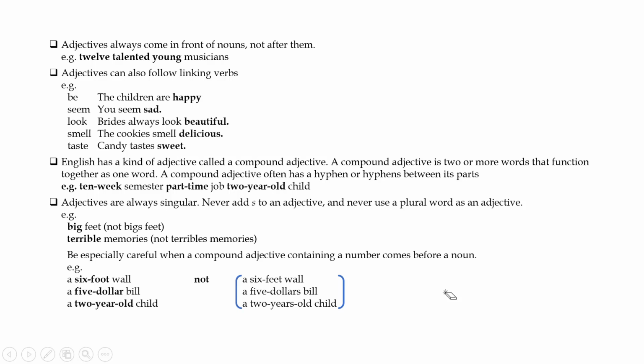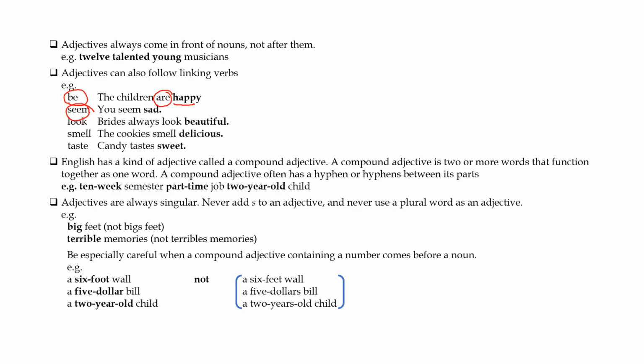There are many things to consider when you use adjectives. The first, adjectives always come in front of nouns, not after them. For example, 12 talented young musicians. So the adjectives 12, talented, young are before the noun musicians. Adjectives can also follow linking verbs, for example, be or to be. The children are happy. So the to be comes first, and then it is followed by an adjective.